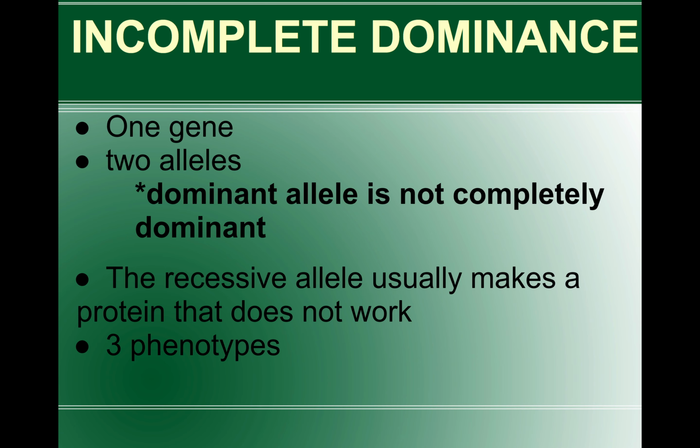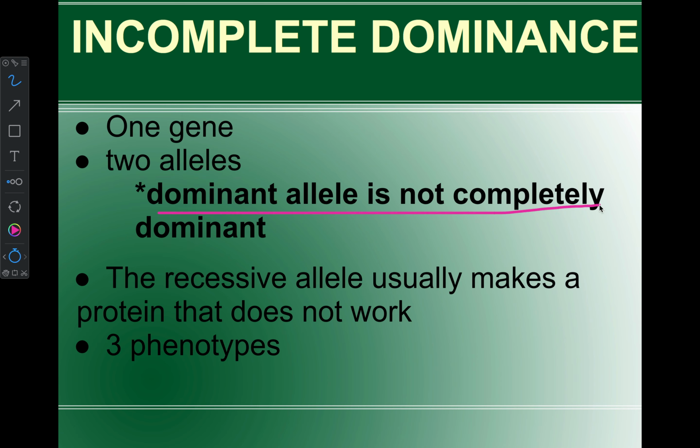So the first abnormal thing we have going on is something called incomplete dominance. That means there's still just one gene and two alleles, but the dominant allele is not completely dominant. This is sort of like a halfway in between.